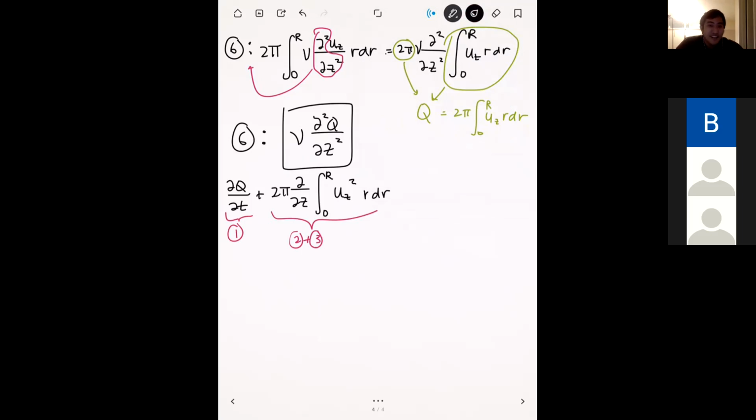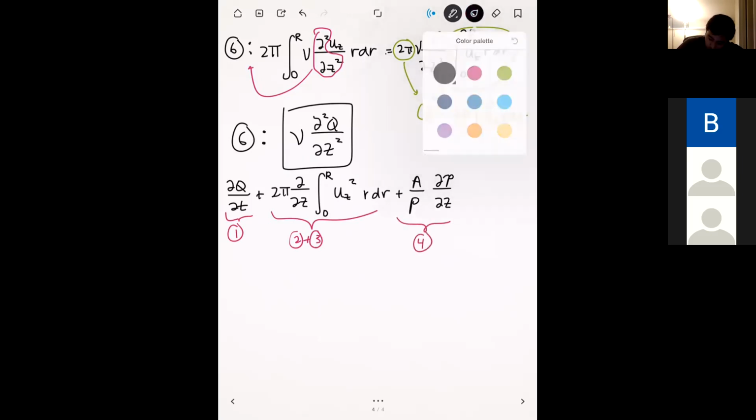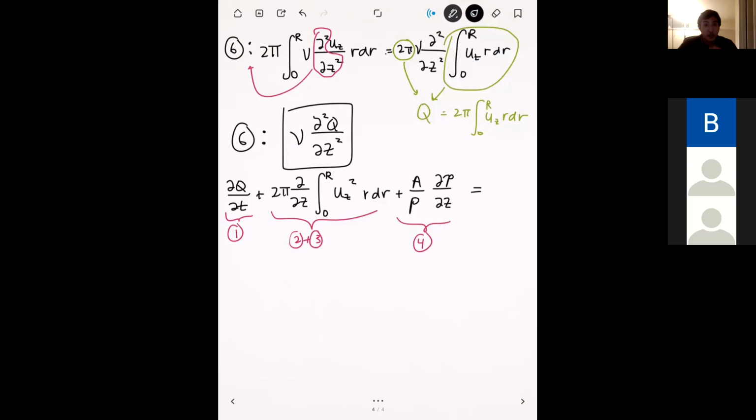Right? And then to this, we're going to add integral 4, which we just computed, which was 1 over density times partial p partial z. Okay, so that was integral 4. Okay, and it's going to be equal to integrals 5 and 6. Right?